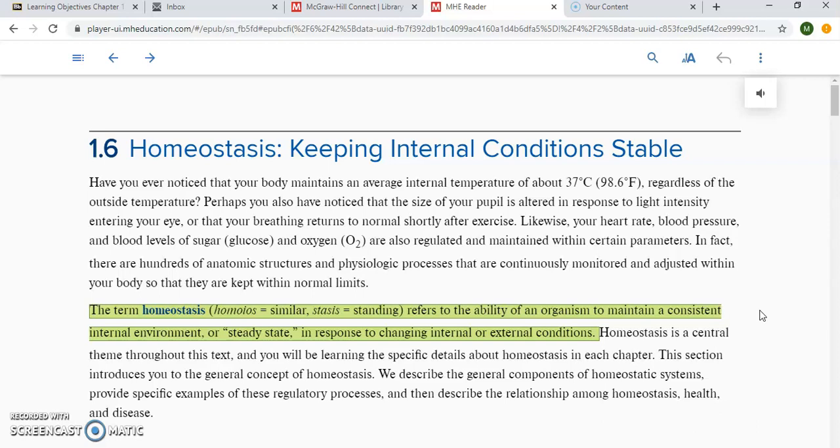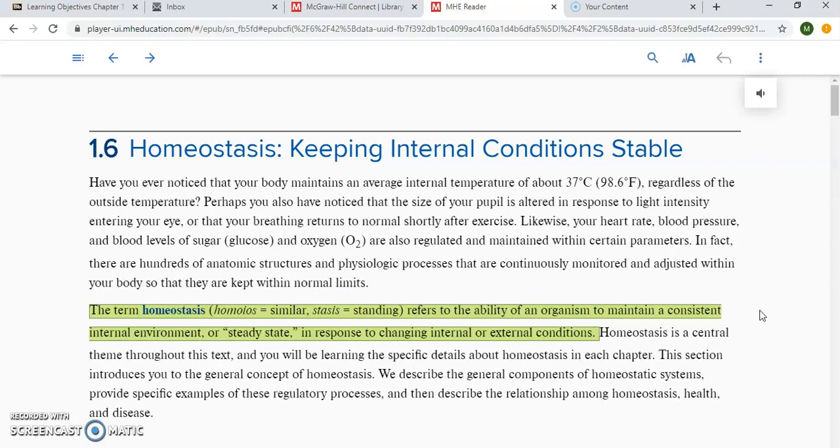Our human bodies need to maintain a certain body temperature so all of our cells can function properly. If we get really high body temperature, hyperthermia, or really low body temperature, hypothermia, then our cells can't function properly, and neither can our body processes. That leads to illness, sickness, and if it doesn't get corrected, it can lead to death.